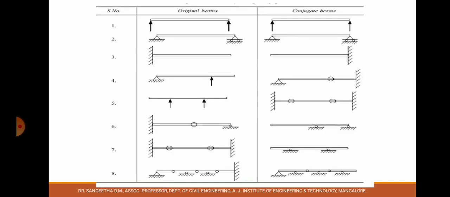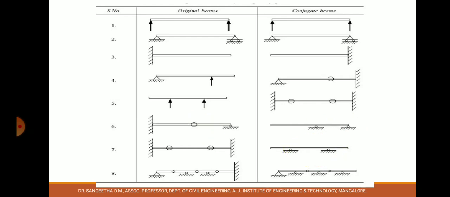Here internal supports are there, and they will get turned to internal hinges. Here there is a fixed support, it becomes free, internal hinge becomes internal support, and roller end remains a roller as it is. So in the seventh problem, both the supports are fixed, they will become free, and both internal hinges will get converted to internal supports.